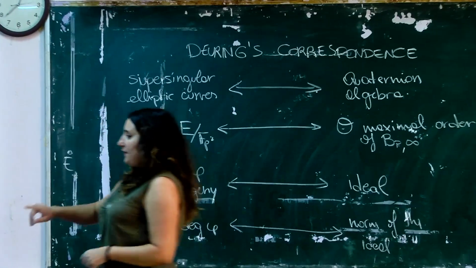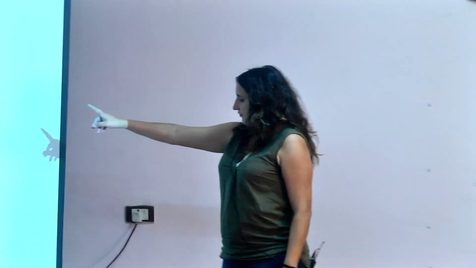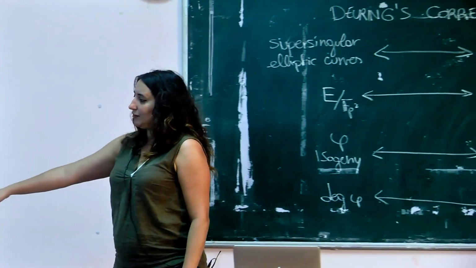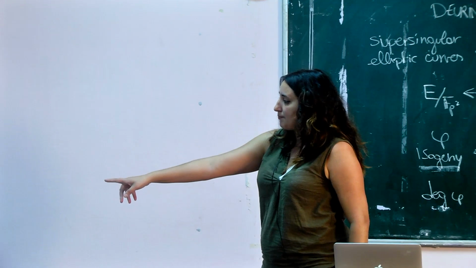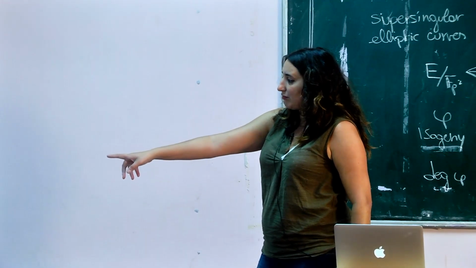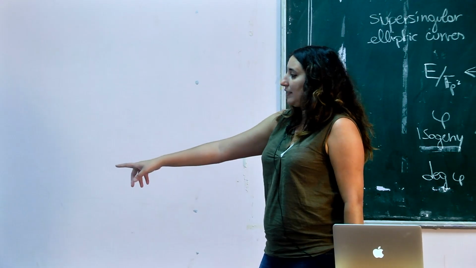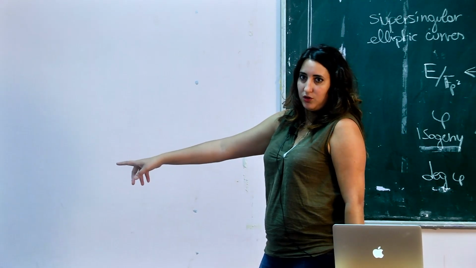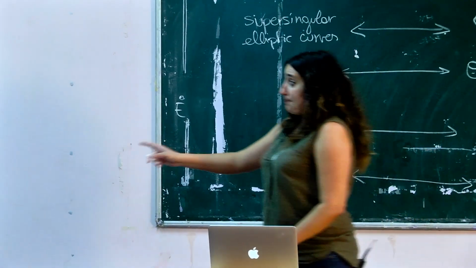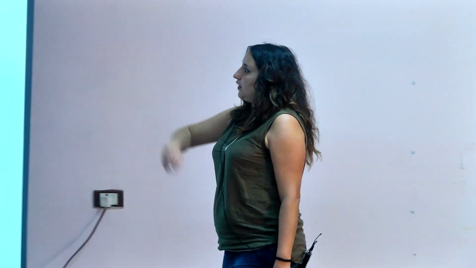So in 2011, Jao and De Feo write in their abstract, our work is motivated by the recent development of a sub-exponential time quantum algorithm for constructing isogenies between ordinary elliptic curves, okay?